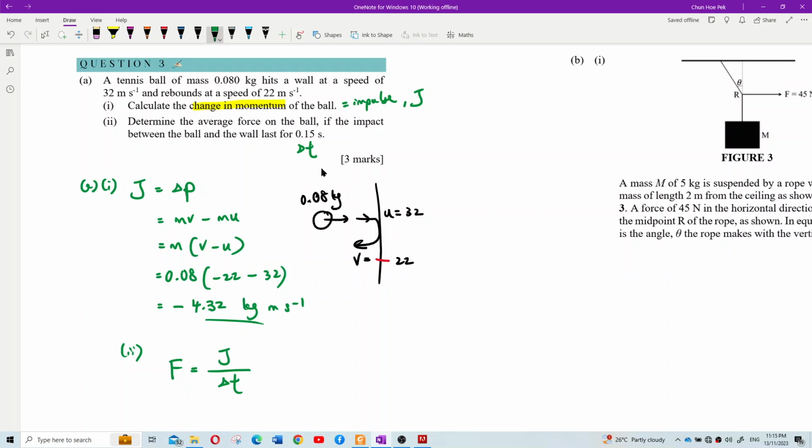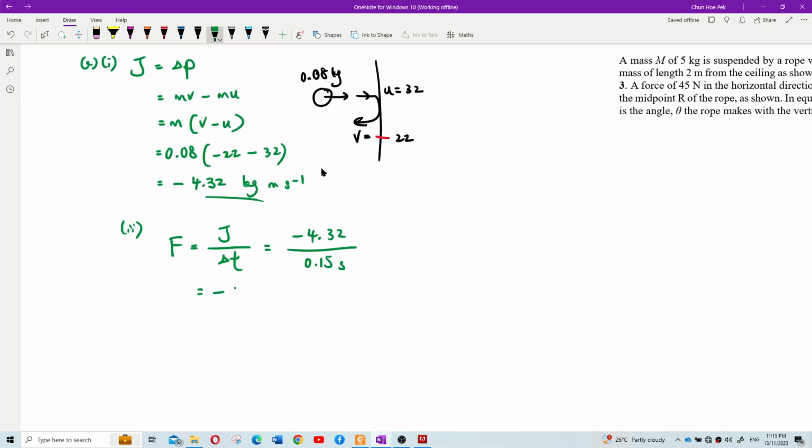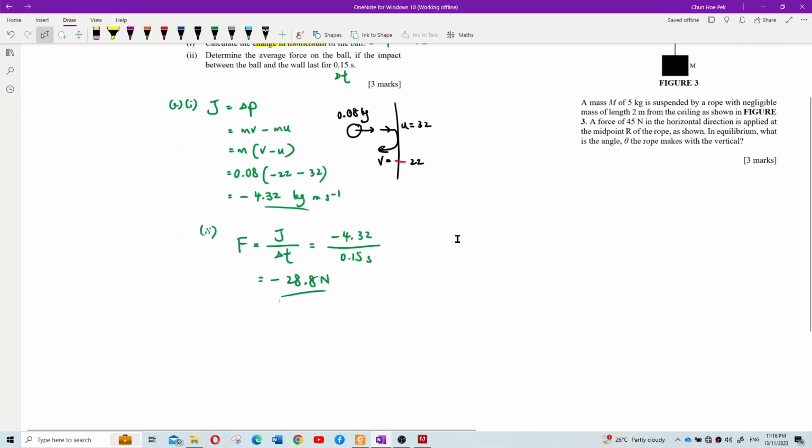So negative 4.32 divided by time taken 0.15 second, divided by 0.15. So it's negative 28.8 Newton. Okay, that's right.